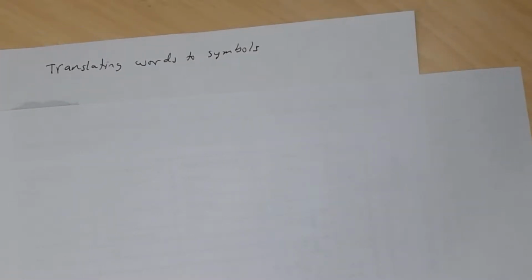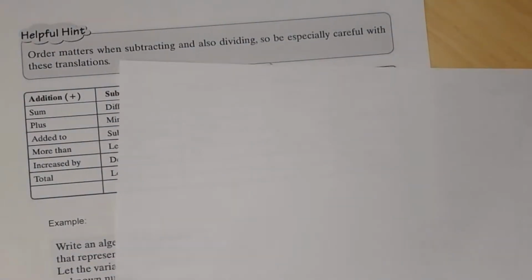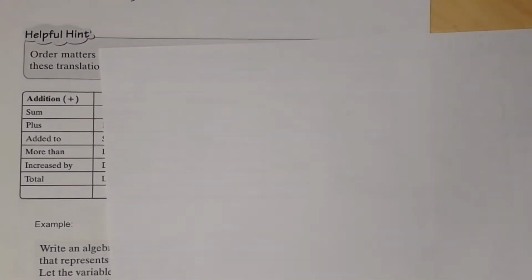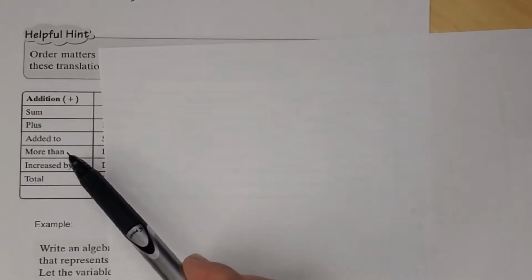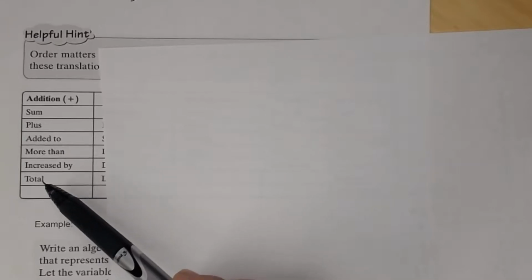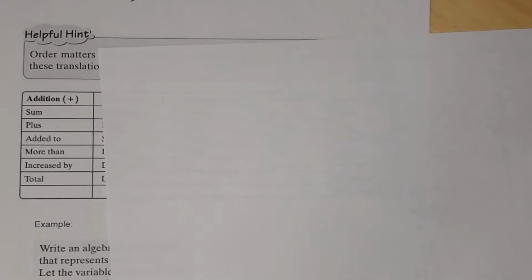Now, in terms of the operations, there are several things you need to know. When you hear the word sum, plus, added to, more than, increased by, total, the operation that should come into your mind is addition.